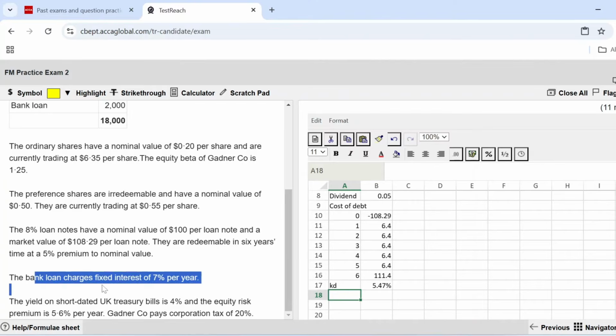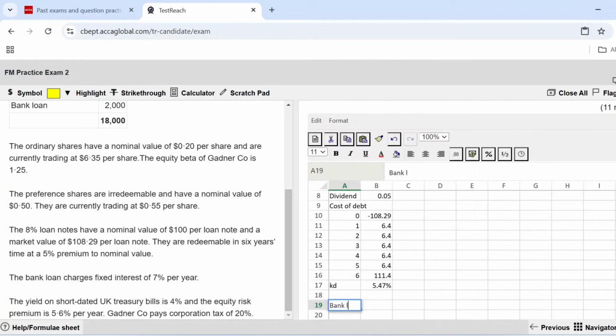Now let's talk about the bank loan. So bank loan, the cost is already given to us, which is 7%, but this is before tax. So we need to convert it to the after tax cost. So basically I'll write bank loan and I'll write after tax KD. After tax KD is going to look something like whatever is your rate as of now, and then that needs to be multiplied with 1 minus the tax rate.